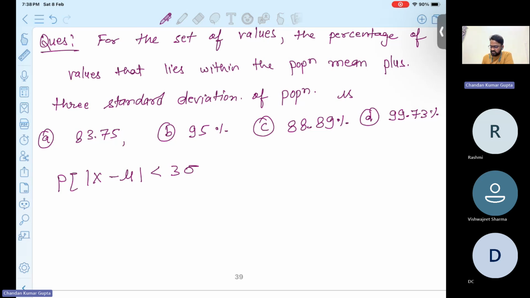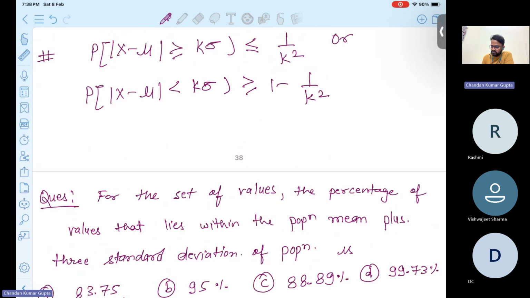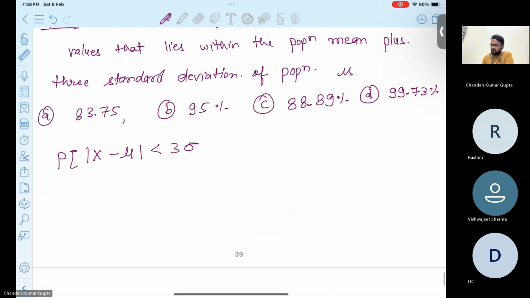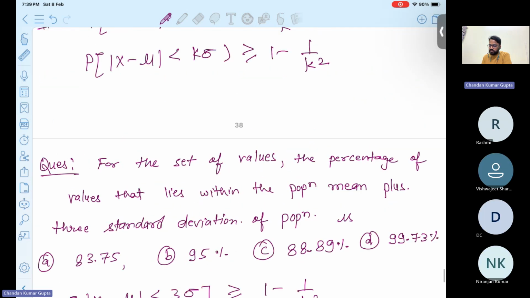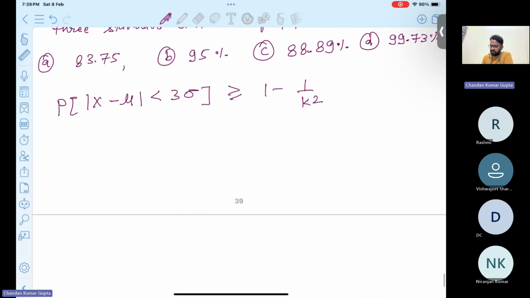Since we use less than, it is greater than or equal to 1 minus 1 upon k square. So this probability is calculated by 1 minus 1 upon k square. By comparing k sigma with 3 sigma, we have the number 3 here. So this implies k equal to 3.